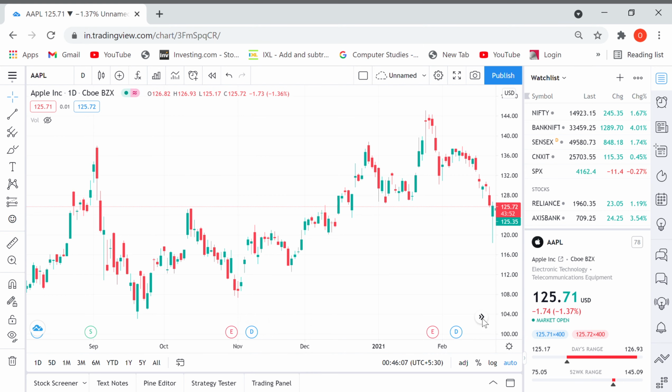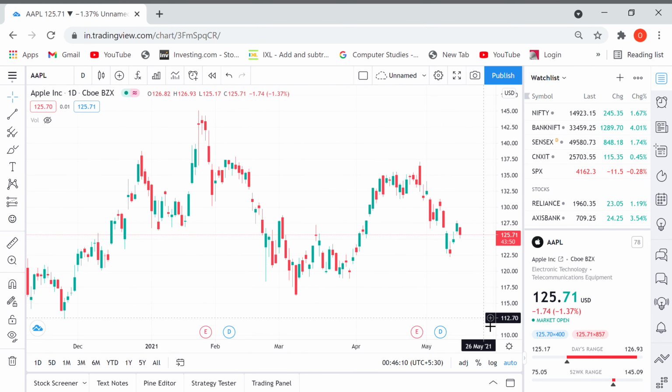Let's move to a little further time frame, and we can see from here it has started falling and now it is making lower lows. To regain the momentum, it has to cross its high, which is this one. When it crosses this level, it will go to the 138, 140 level. We can easily see new levels coming in Apple. Now this is a candlestick chart.